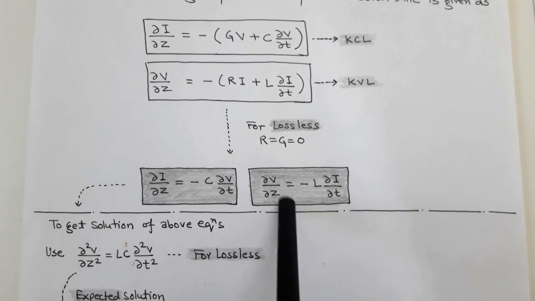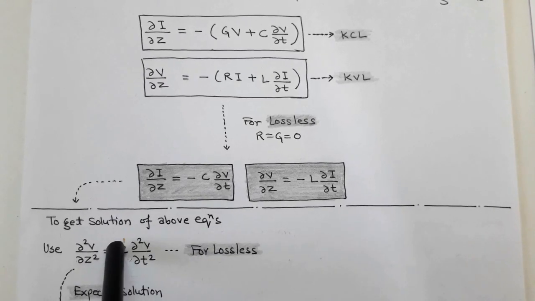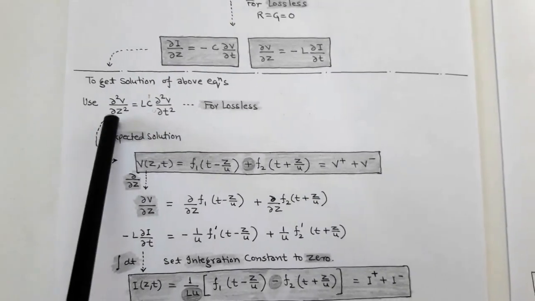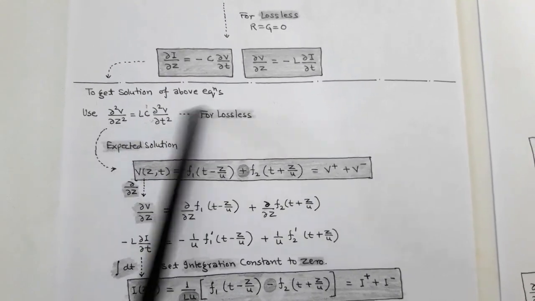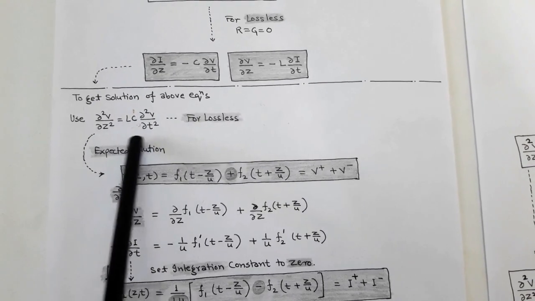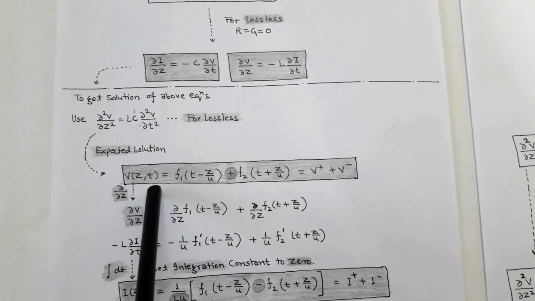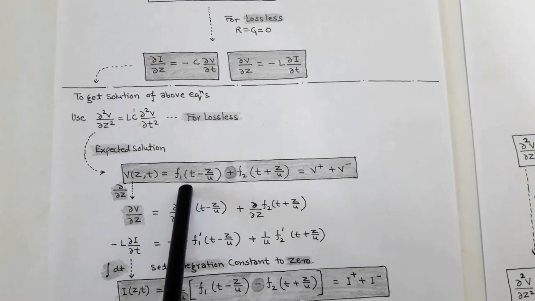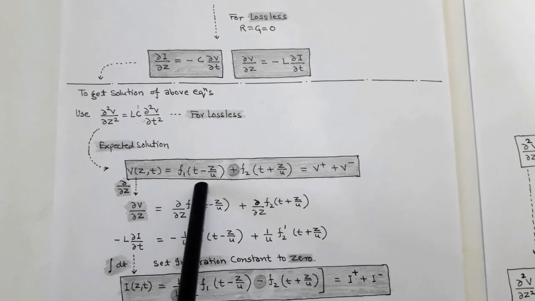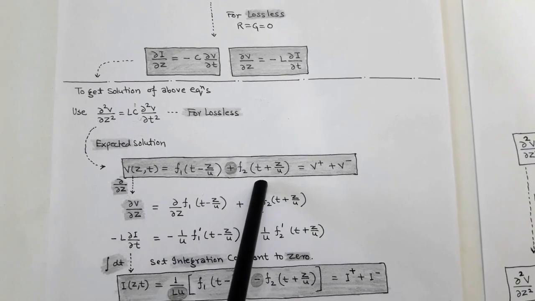To get the solution of these two equations, that is the voltage equation and current equation, we use a second order equation for lossless propagation. And we know that in a second order equation the expected solution is V(Z, T) having two functions, f1 and f2. f1 is called the forward function and f2 is called the backward function.